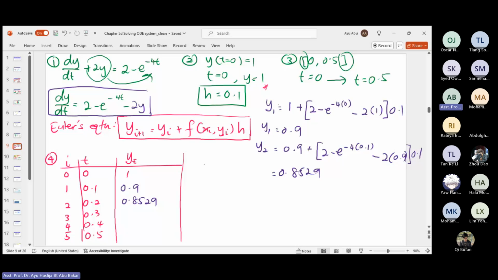You can set the equation in the calculator with two unknowns over here, t and y. Then you just replace the value.